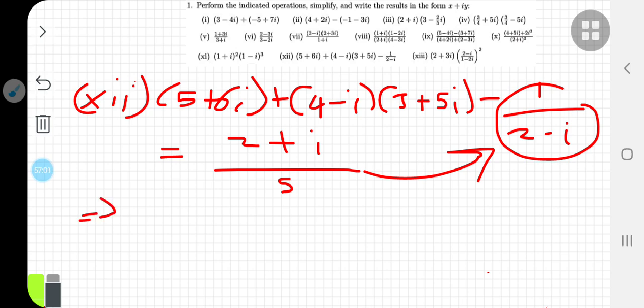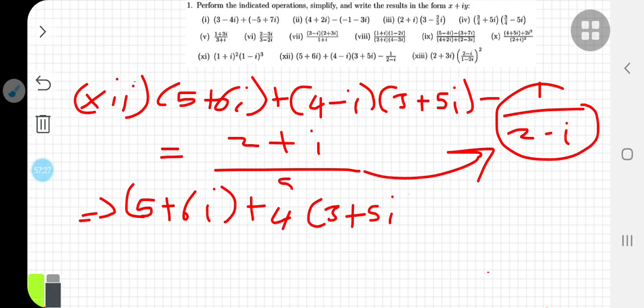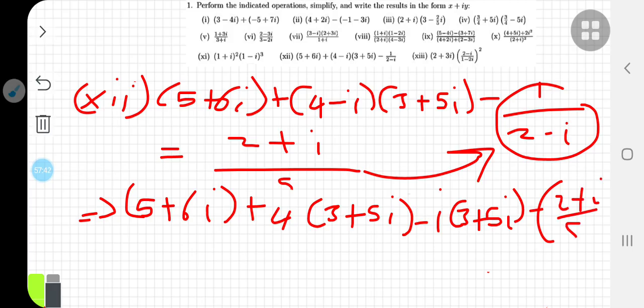So now let's try to solve there. I'm having 5 plus 6i, then plus, if I multiply there, we're having 4 multiplying with 3 plus 5i, and negative i also multiplying with 3 plus 5i. Then minus 2 plus i over 5 down there.